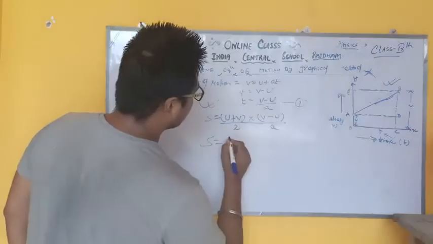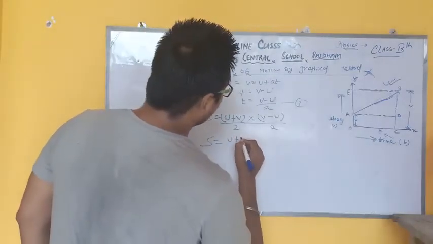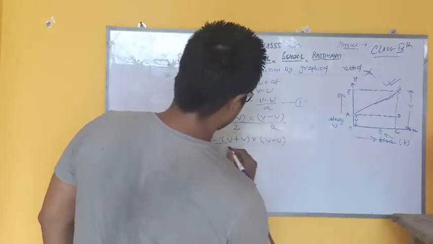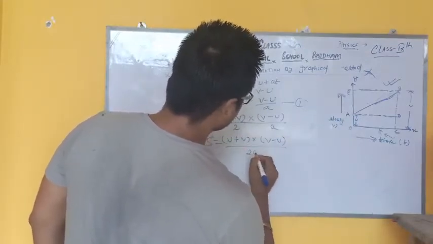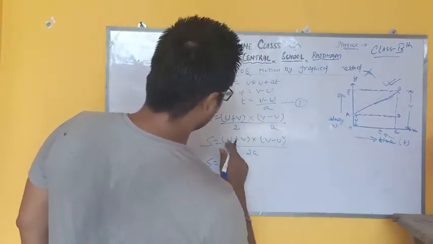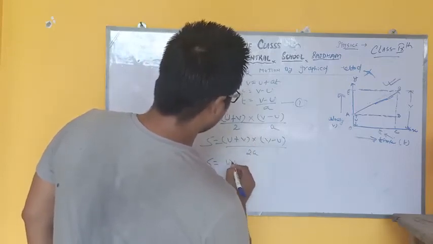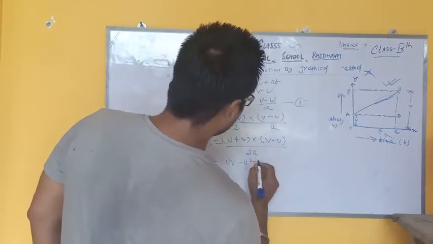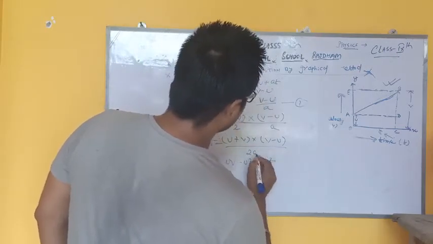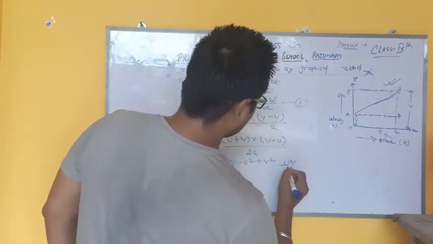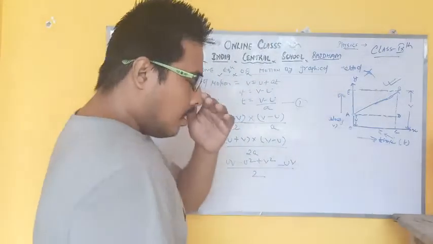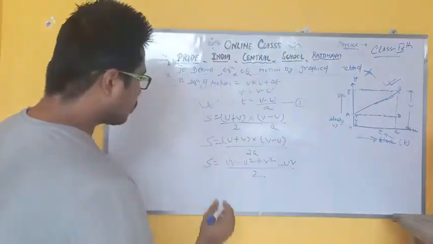S is equal to U plus V into V minus U divided by 2 into A, which becomes 2A. So S is equal to U into V, UV, U into U minus U square, V into V plus V square and minus UV, divided by 2A.